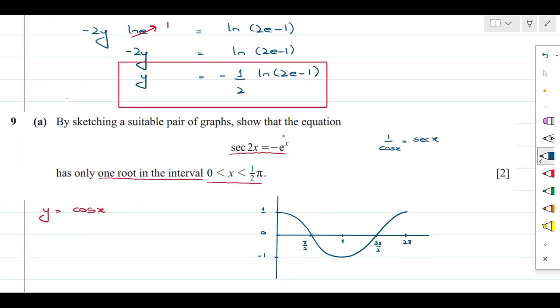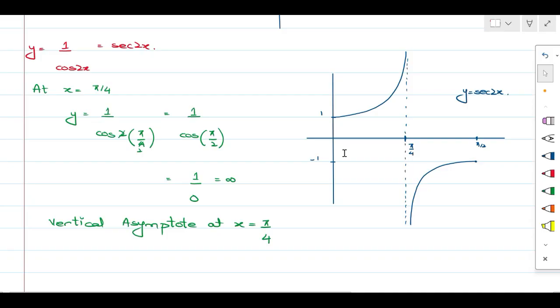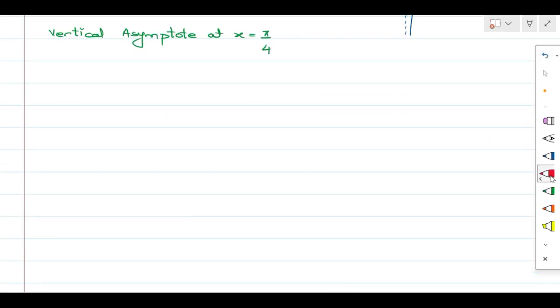Now the second one is the e power x graph, the exponential graph. Now this is your first graph, right? Now let me do the graph of y equals e power x, the graph of exponential function. How does the graph of exponential look like?